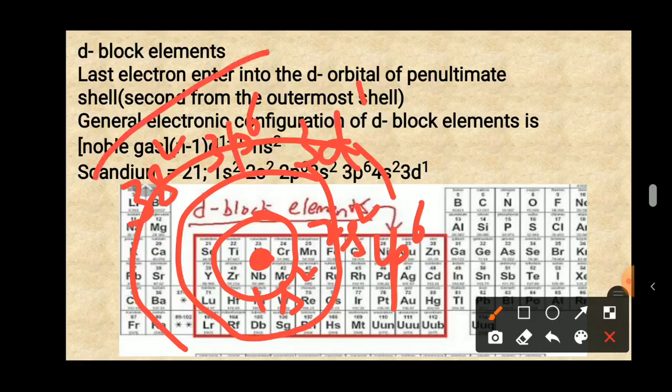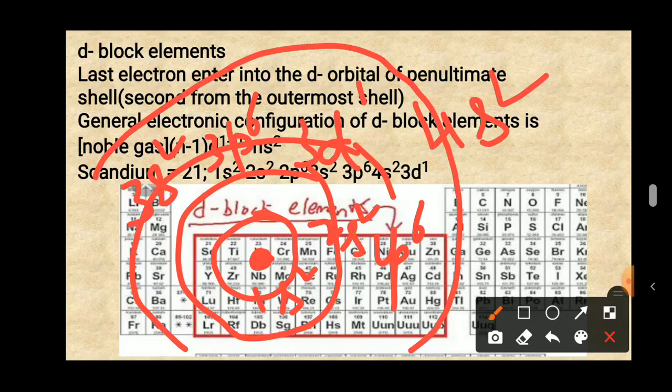The fourth shell contains 4s2. This is the electronic configuration of scandium: 1s2, 2s2, 2p6, 3s2, 3p6, 3d1, 4s2. Actually, the configuration should be written as 1s2, 2s2, 2p6, 3s2, 3p6, 4s2, then 3d1, because the energy level of 4s is less than 3d. It is proved with the help of the n plus l rule.